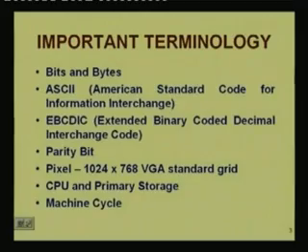Basically, everything about computers consists of zeros and ones, so they can be called bits. Now, when 8 bits combine together, you can call it a byte, and one byte is usually used to code one alphabet or one letter.